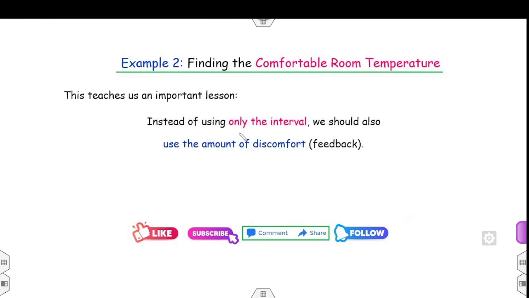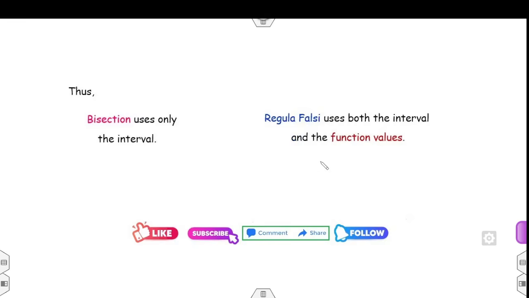So this lesson will teach us that not only are the interval endpoints like 18 and 30 degrees enough to control the temperature, but the amount of discomfort, that means the function value, is also important to find the comfortable room temperature. And that is exactly the same idea as the Regula Falsi method.